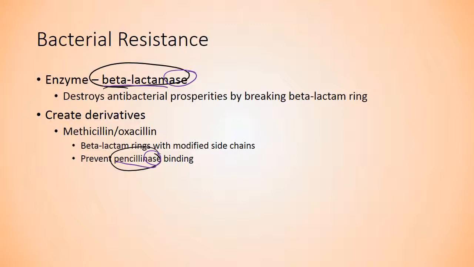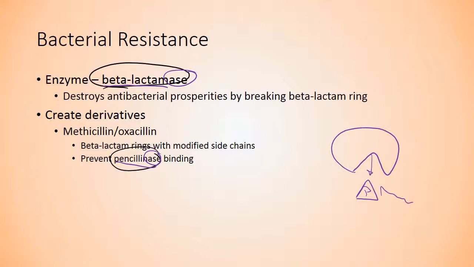But because of the way the side chains work and they're modified, it prevents that enzyme from going in and binding. So it's going to change the structure. For those of you who don't know how enzymes work, enzymes have an opening that allows different structures, different compounds to enter. So right now, what we're saying is that this enzyme, if this is penicillin, matches penicillin's shape, so it's able to cause penicillin to break down.